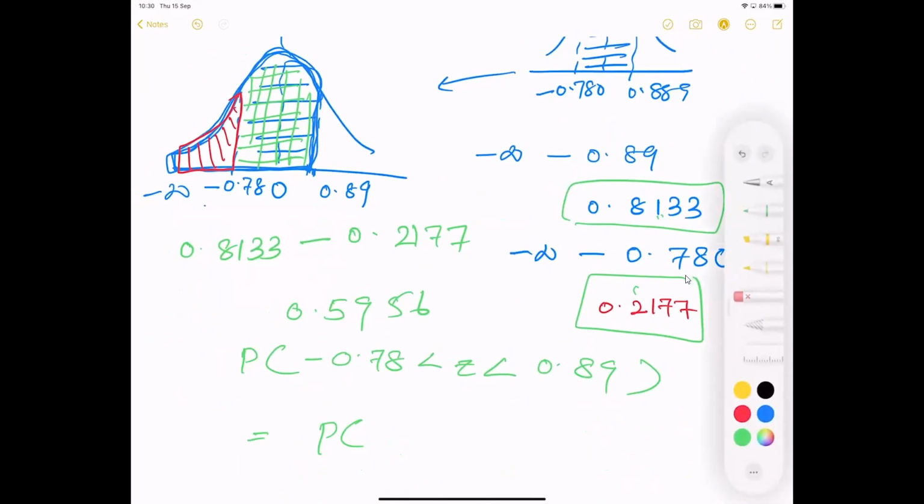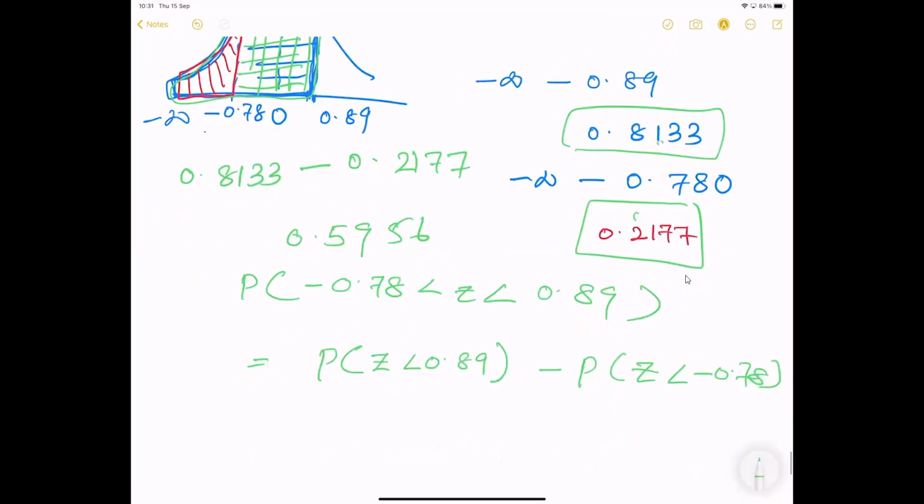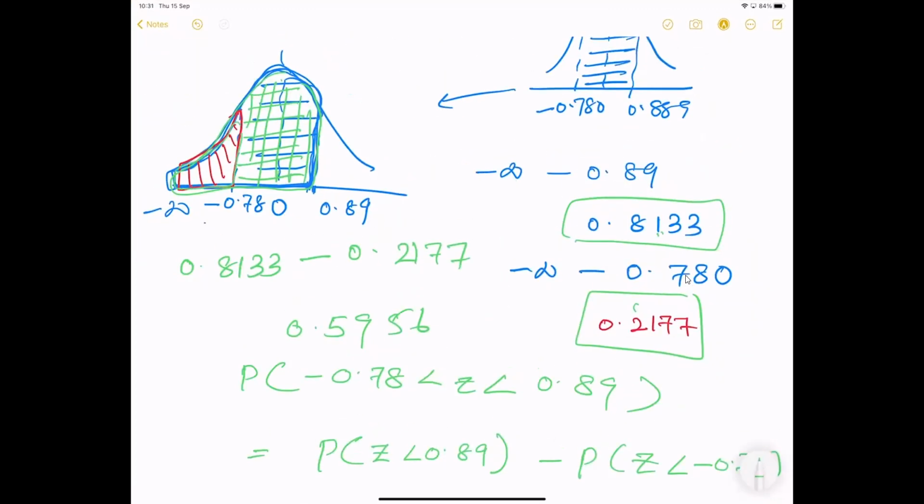Z less than 0.89 means this total, minus z less than minus 0.78. 78 means this red color.